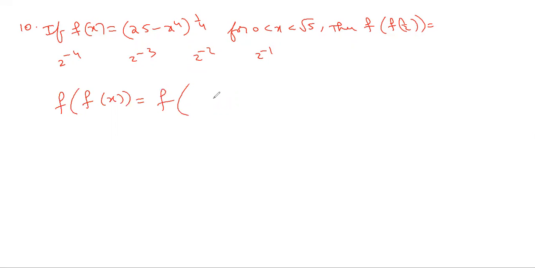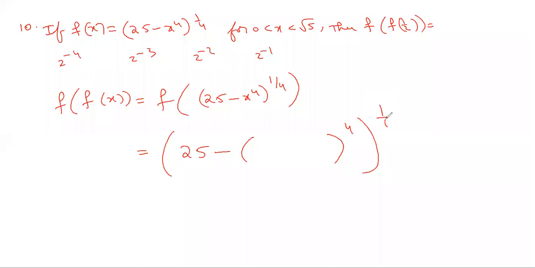So f of x is 25 minus x power 4, the whole power 1 by 4. Like I told in the previous problem, input is this. The function definition is the bracket 25 minus the input power 4, the whole power 1 by 4. So again, I need to use this f definition. This whole thing is input.